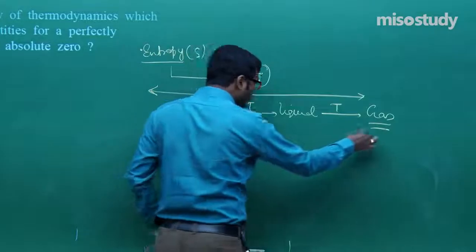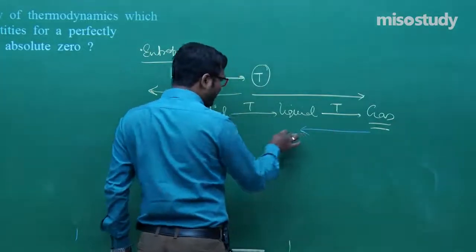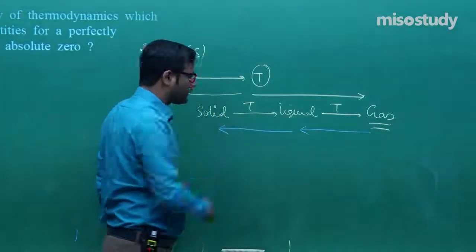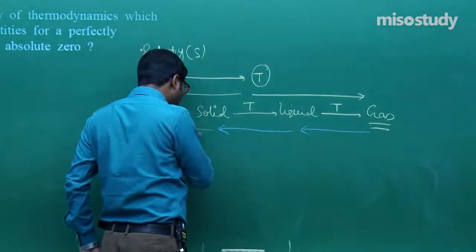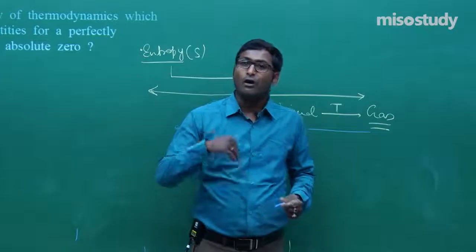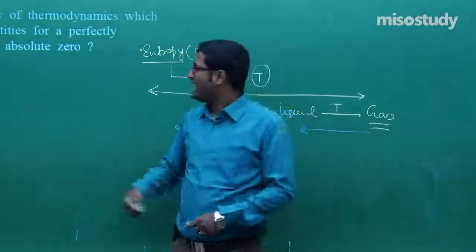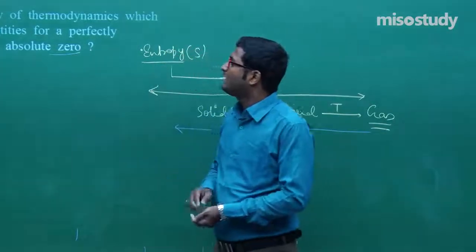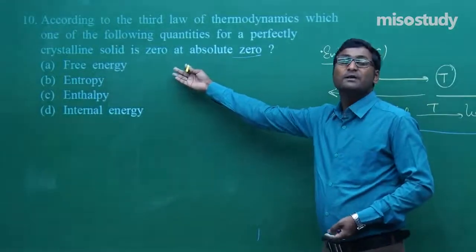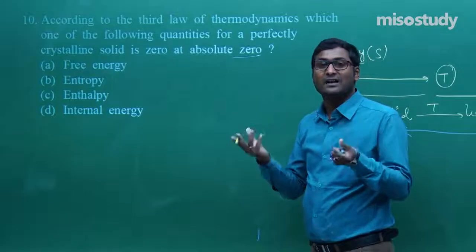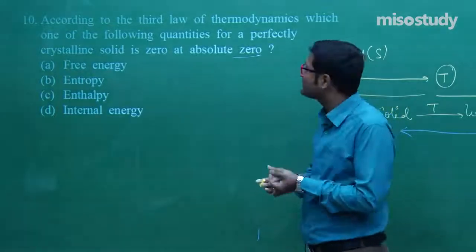But if we reduce the temperature, then gas will be converted to liquid and liquid will be converted to solid. So the randomness decreases. If you again decrease the temperature, the entropy will also decay. So at absolute zero, what will happen? The entropy will be zero, because that is the lowest temperature, absolute zero.